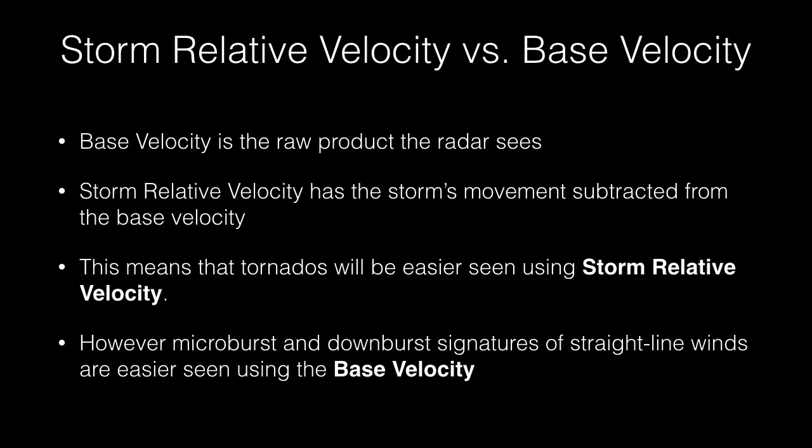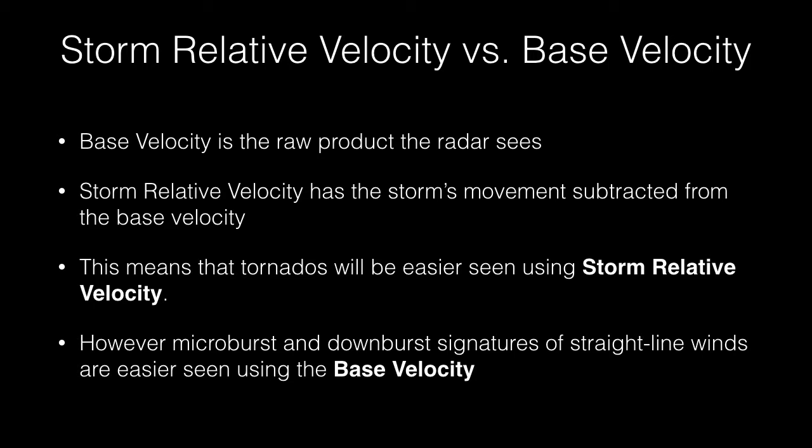Well, storm relative velocity is normally used for helping us spot tornadoes, as we want rotation relative to the storm, and if not, you will not always have wind speeds great enough to overcome the storm's motion in base velocity to be able to see if it's a tornado or not.